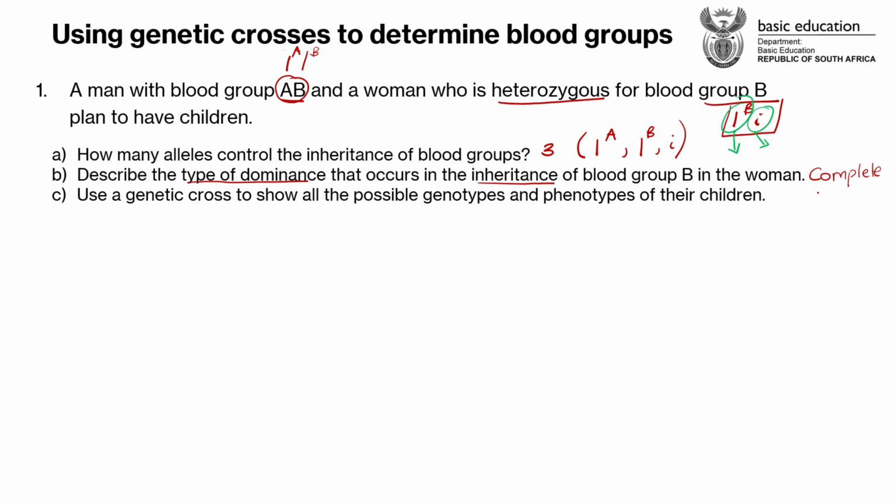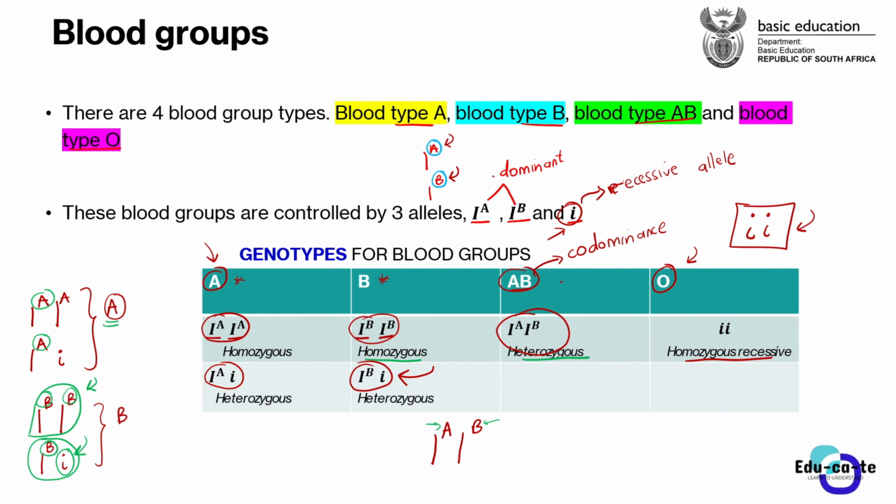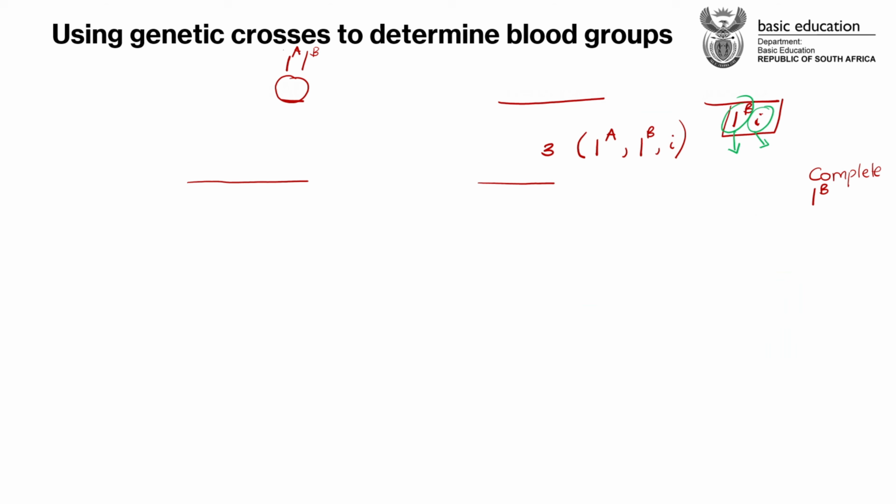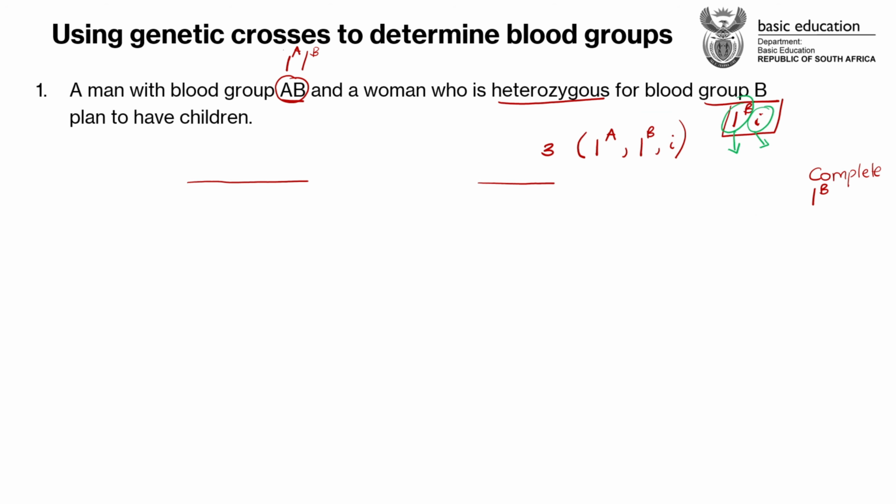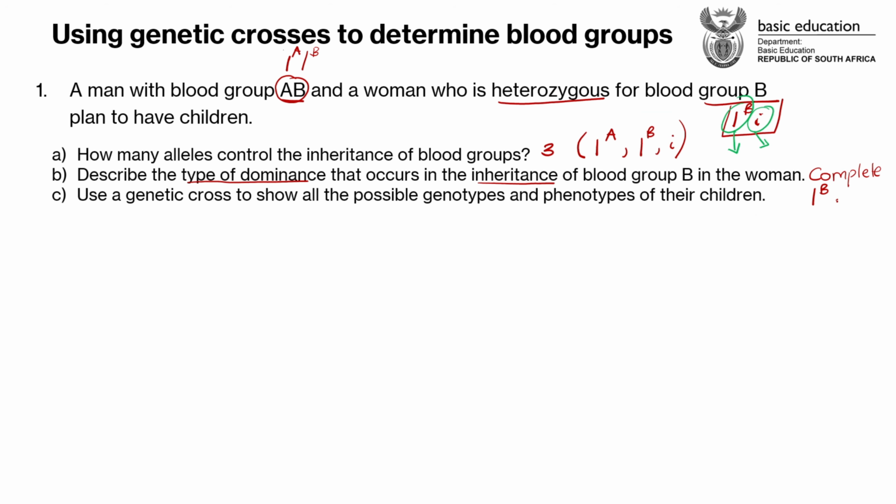Here, for us to have complete dominance, we must have one dominant allele. This one is a dominant allele, as we've already said in the previous slide. So we must have one dominant allele and we must have one recessive allele. So the dominant allele will be the one that shows up in the phenotype, and then the recessive one will not show up in the phenotype.